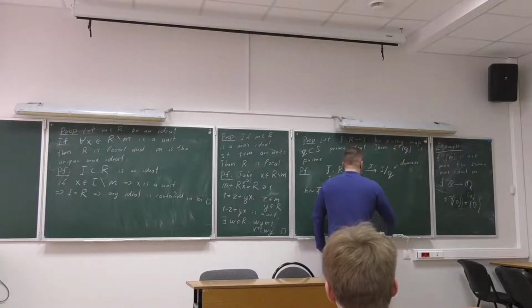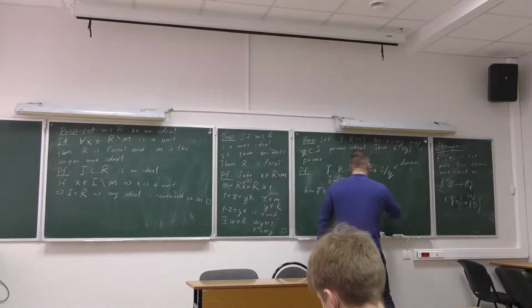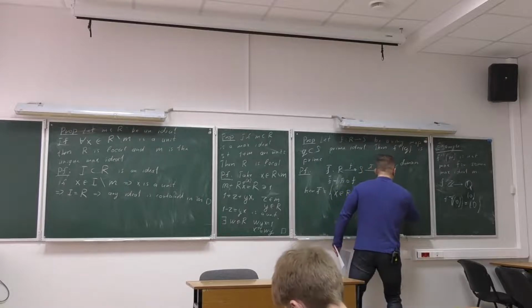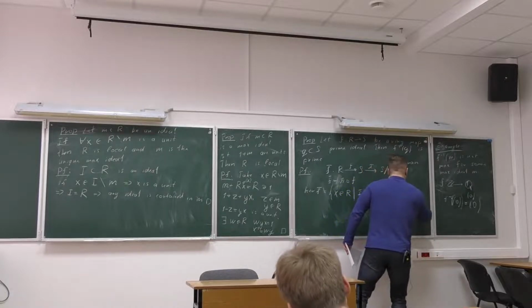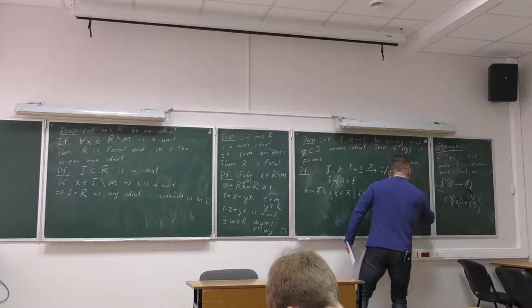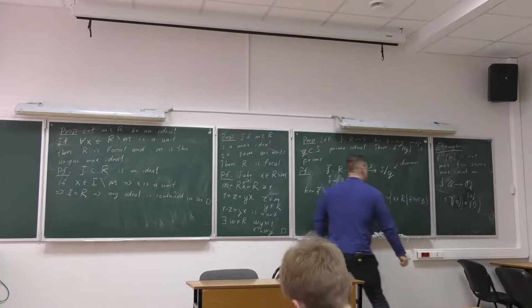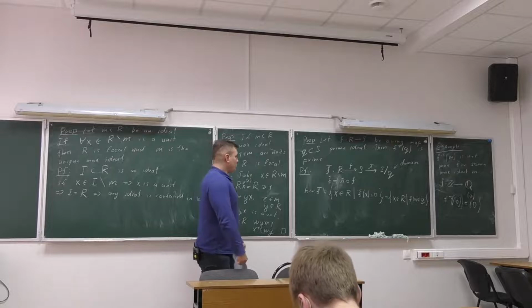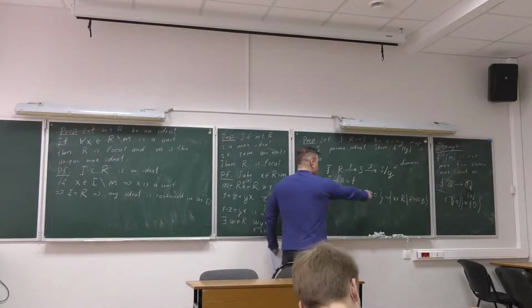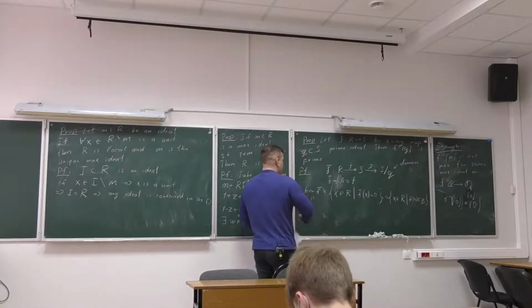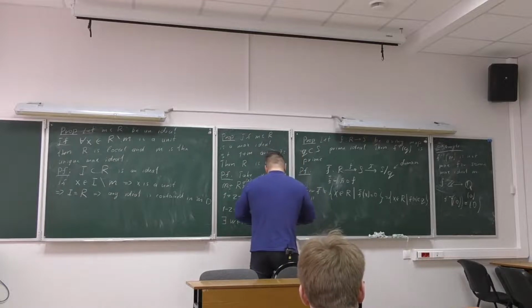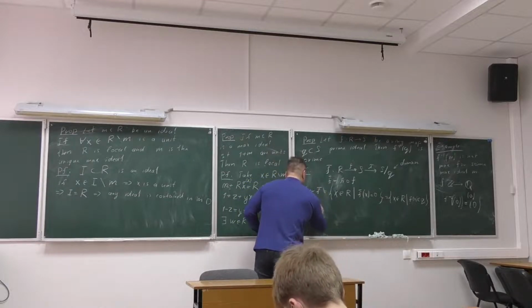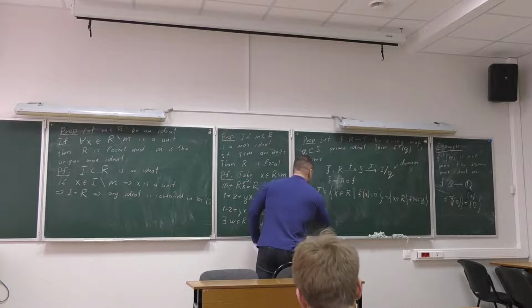In terms of how I defined F bar, this is the same thing as X in R such that F of X is in Q. So, by just looking at what we have, the kernel of F bar is exactly F inverse of Q.